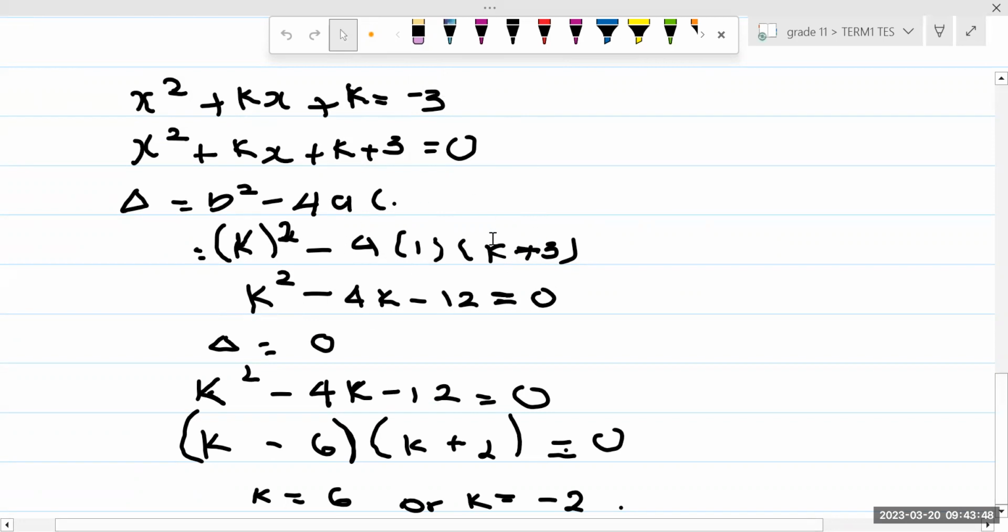Multiply, and the standard form gives b squared minus 4ac, which is k squared minus 4 times a minus 5. And then the condition is that the discriminant is equal to 0.